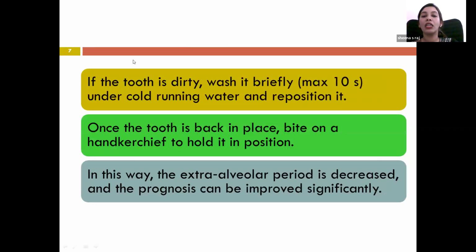If the tooth is dirty, we can wash it for 10 seconds maximum in cold running water, and never scrub the surface, just reposition. Once the tooth is back in place, ask the patient to bite on a handkerchief so that it holds in position. In this way, the extra-alveolar period can be reduced so that the PDL cells and PDL ligament will be preserved as such.